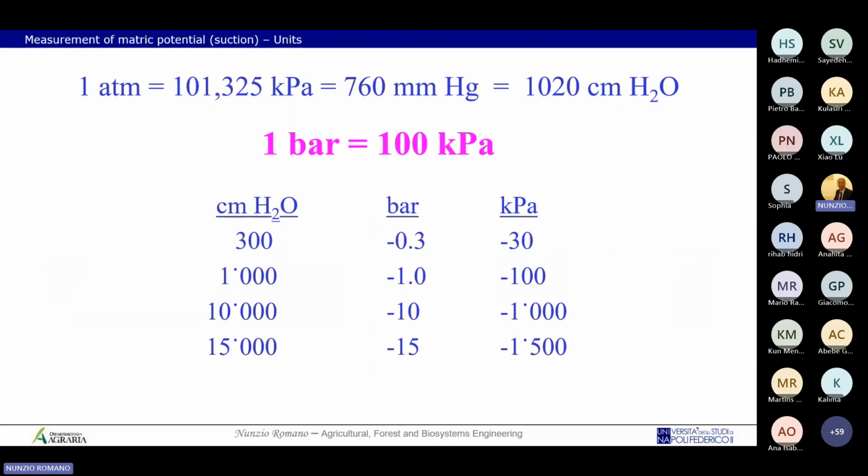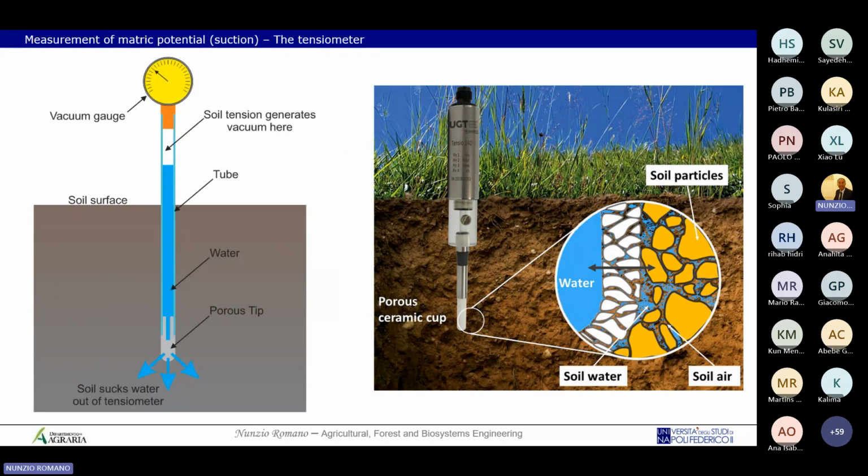But if you use the classic tensiometer, you see there is a vacuum gauge, vacuum because you measure negative pressure, but you have to go into the field and read the suction, the negative pressure.